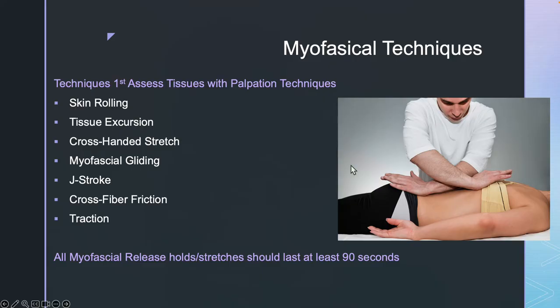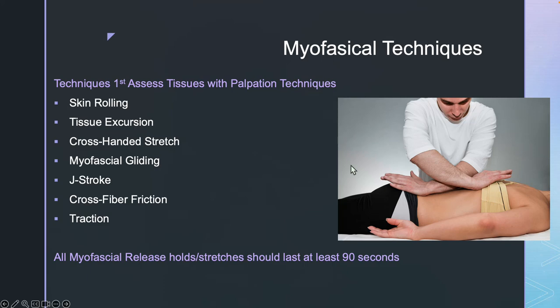So some myofascial techniques would be your skin rolling. A lot of times that's on the back before you lotion them up, and you can lift the skin and roll it. Tissue excursion. I have no clue what that is and why it's on here, but it's from the book. Cross-handed stretch. This is what this person is doing in this picture.